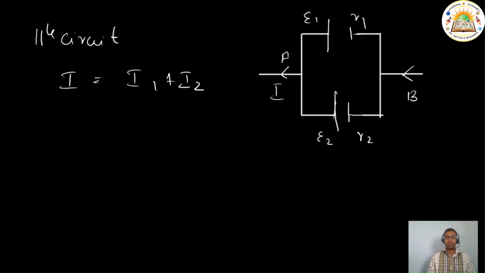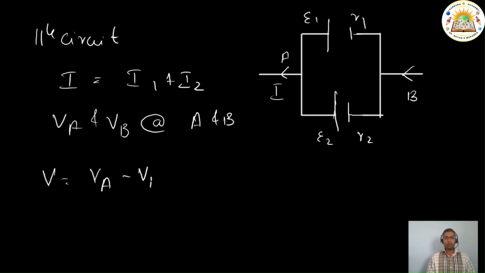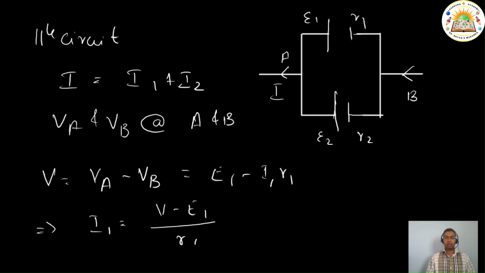So since it is going to split, we are going to have two potentials at point A and at point B. At A and B. So the total potential V will be nothing but VA minus VB, which we get as E1 minus IR1, or our current I1 is equal to V minus E1 by R1, that is minus I. So I1 is going to be equal to E1 minus V by R1.